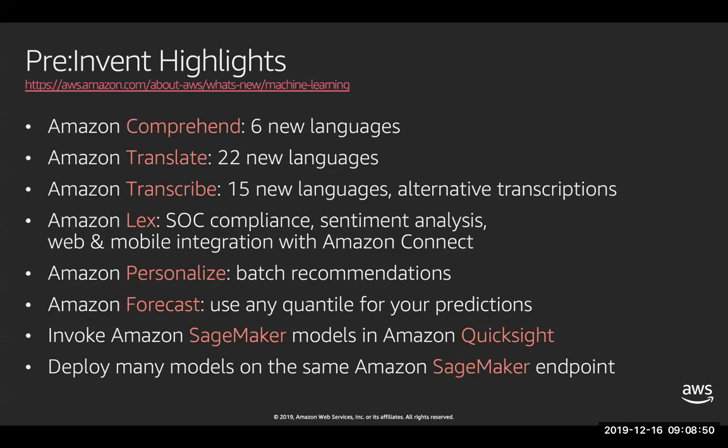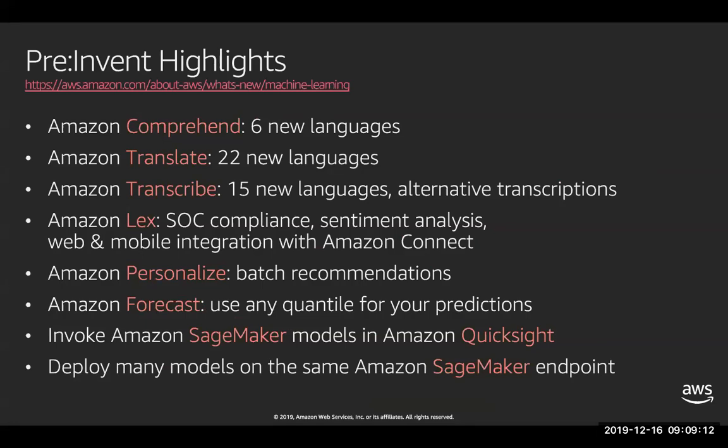So these higher level services that fall under the Amazon AI stack include Comprehend, which is natural language processing, natural language understanding. What we're seeing with these higher level services is more and more languages being supported natively.